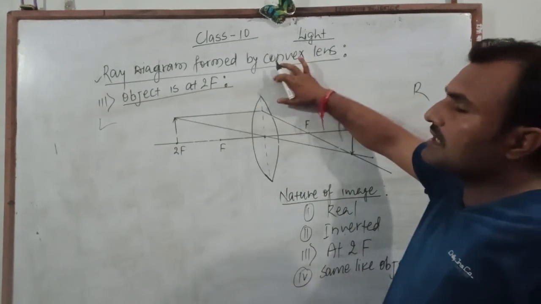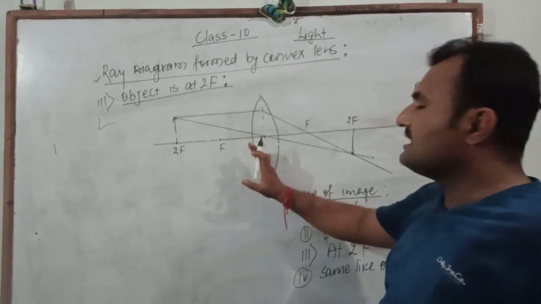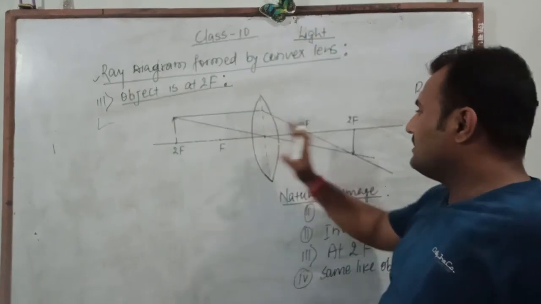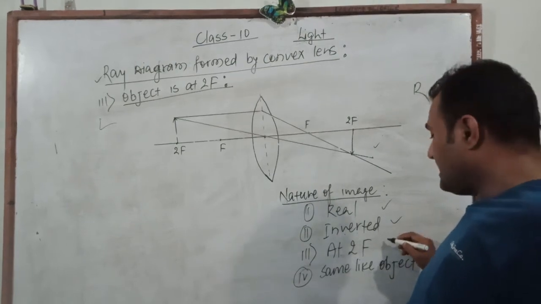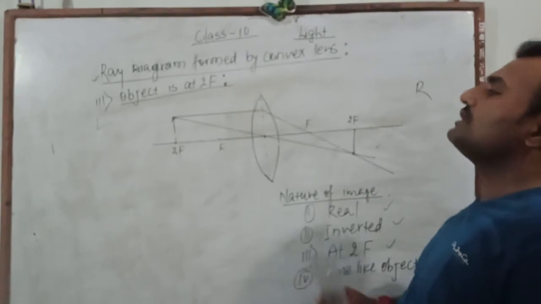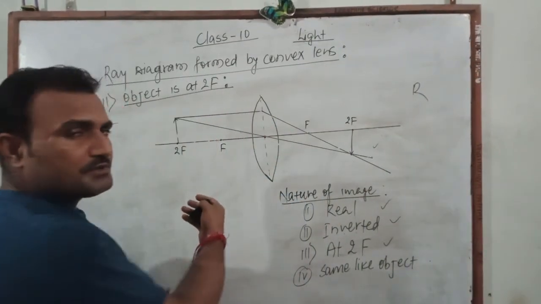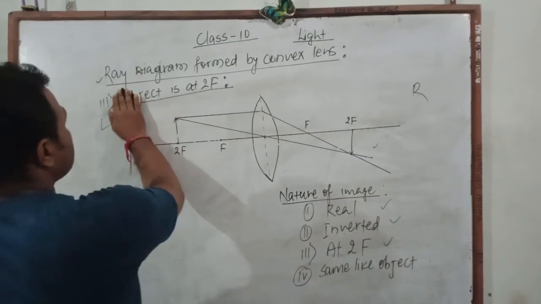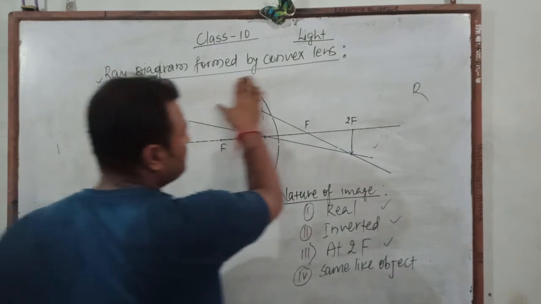And here the third condition is at 2F, then the convex lens forms a real, inverted image at 2F, and the height of the object and image is equal. And now we consider the object comes closer to the lens, and that is the fourth condition.